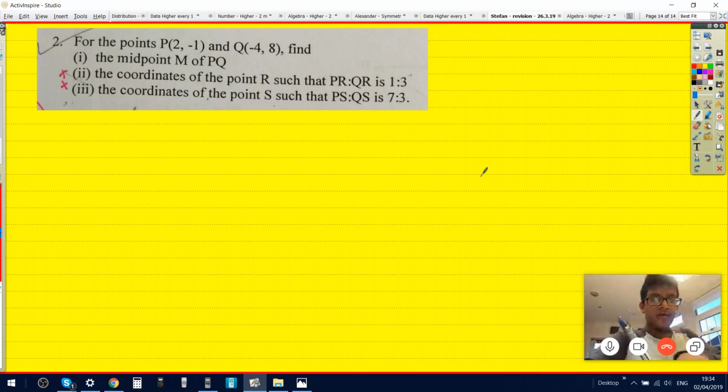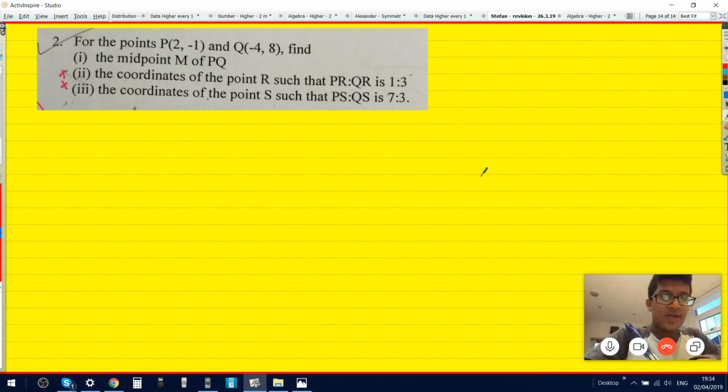The midpoint, so we take the change in, yeah, do that. 4 minus 2 divided by 2 is minus 6 over 2, minus 3. Then we've got 8 minus 1 over 2, which is 4.